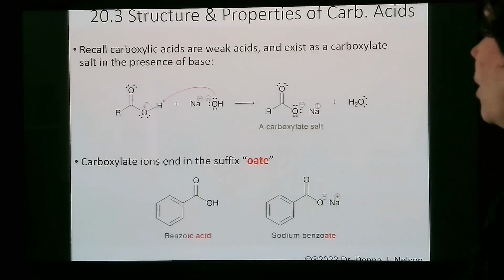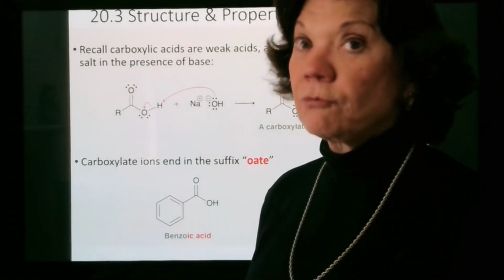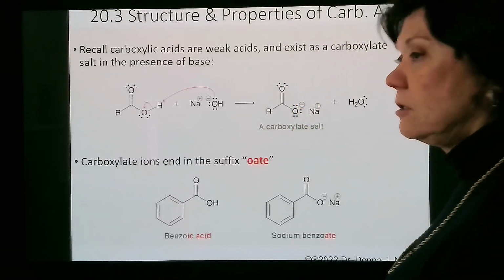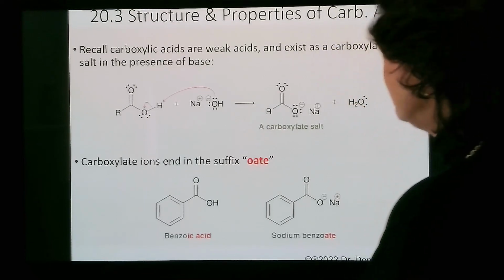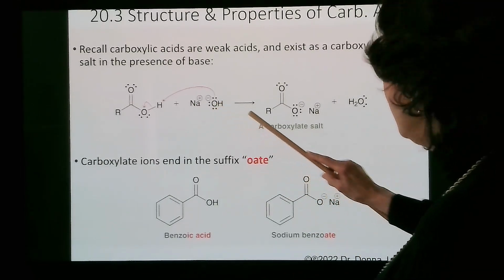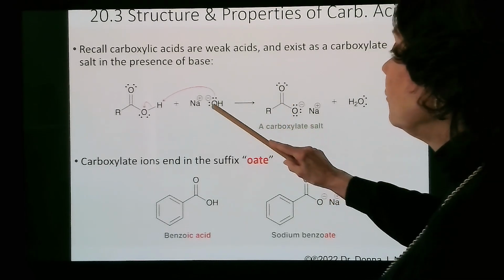Carboxylic acids are weak, but for organic compounds, they're rather strong. But in the broad scheme of things, comparing them, say, to sulfuric acid, they're weak acids. They will exist as a carboxylate salt in the presence of a base.